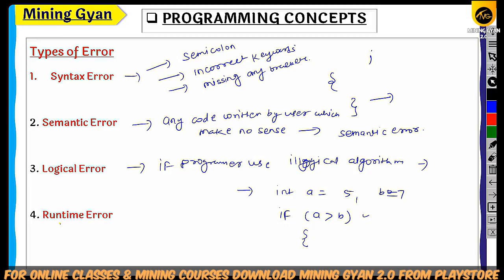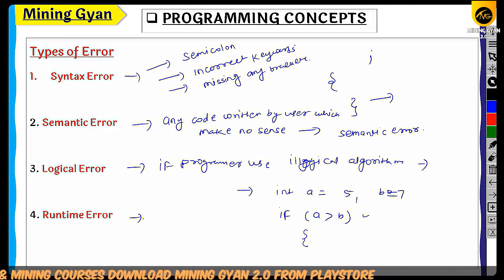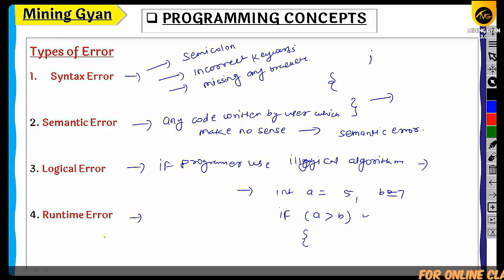For example, if a program divides by 0, it will be a runtime error, because we cannot divide any number by 0. So the runtime error is another type of error which can be shown by the compiler or interpreter. These are some basic types of error.